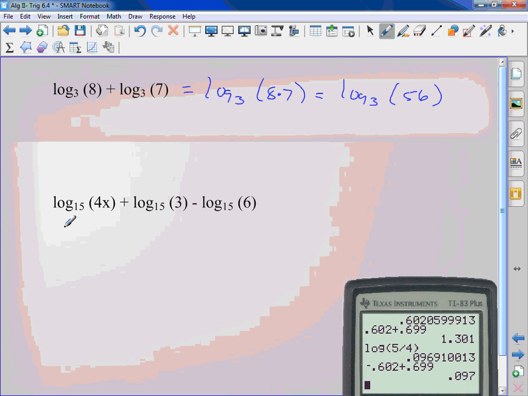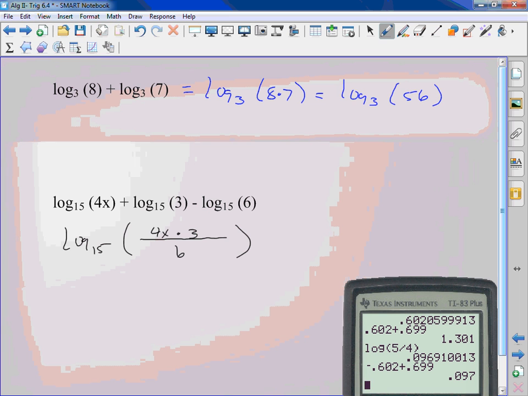This one here. Now there's pluses and minuses here, so you have to be careful. I have log base 15 of 4x plus log base 15 of 3 minus log base 15 of 6. So this means log base 15 of 4x times 3 divided by 6.